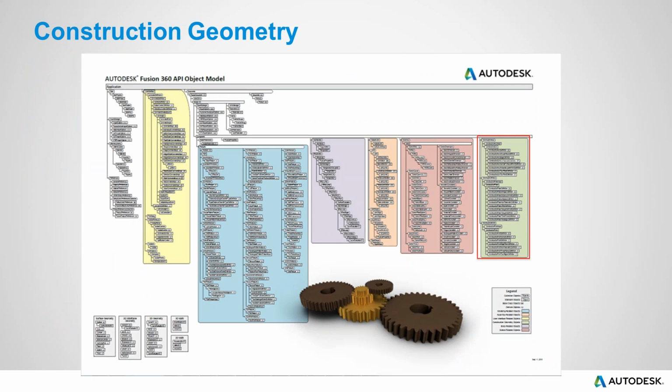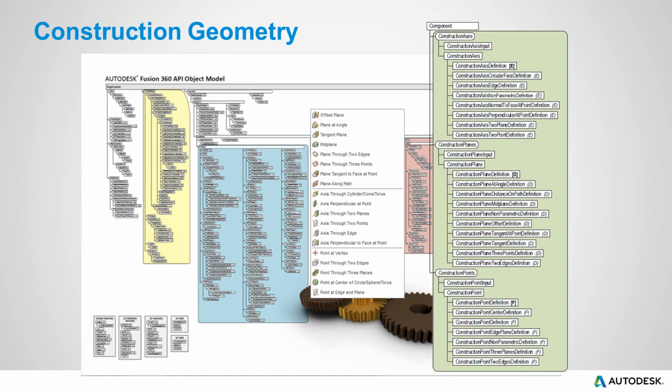And construction geometry, this final box over here, the green box. This lets you, of course, get access to and create new construction axes, planes, and points. And here's a good example. I mentioned earlier that there was that definition object that I kind of skipped over. You notice there's a lot of definition objects here.